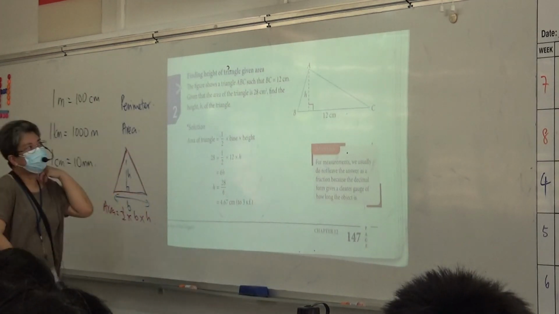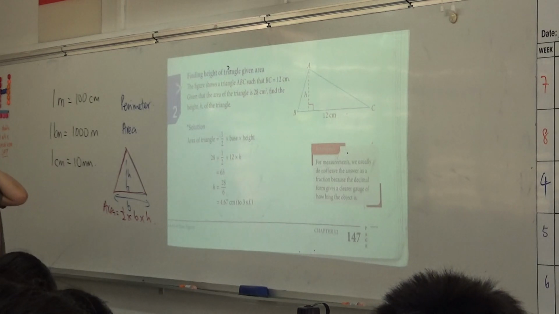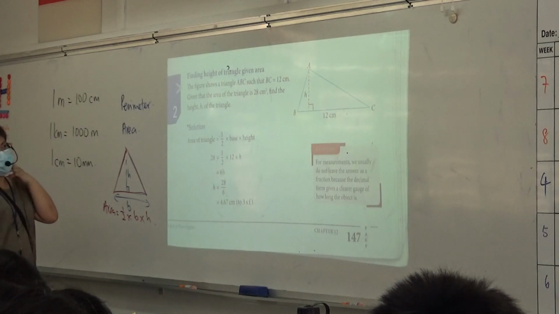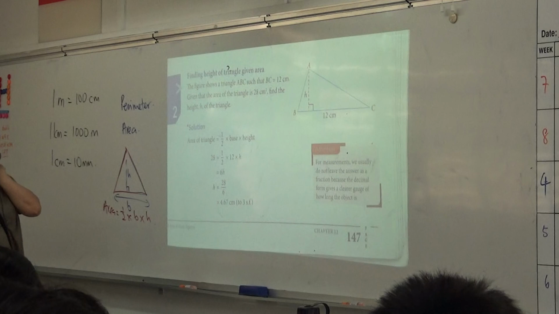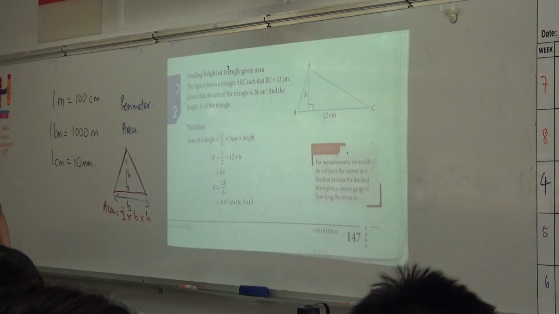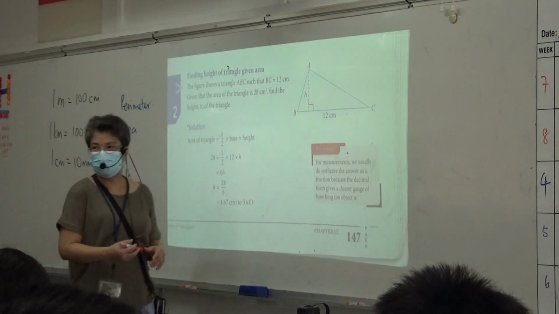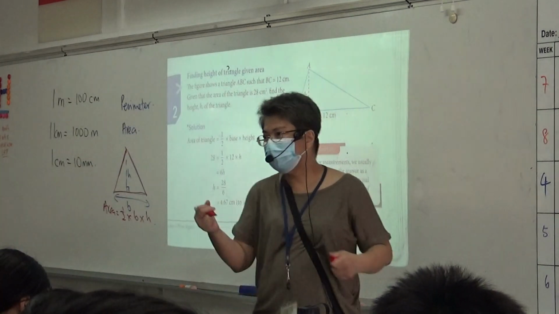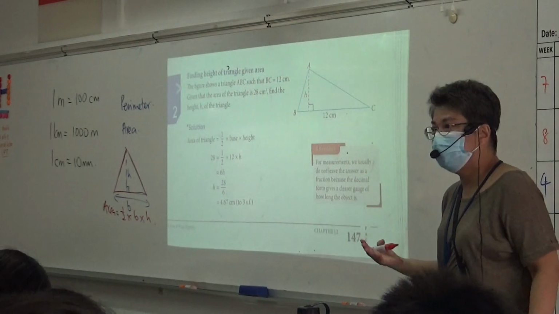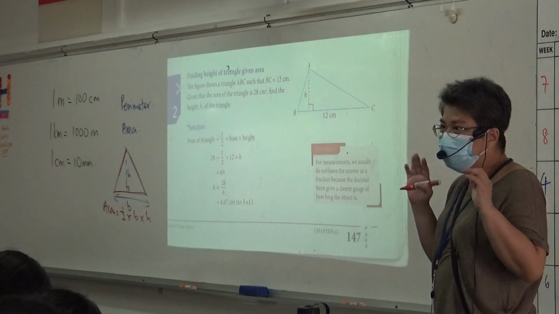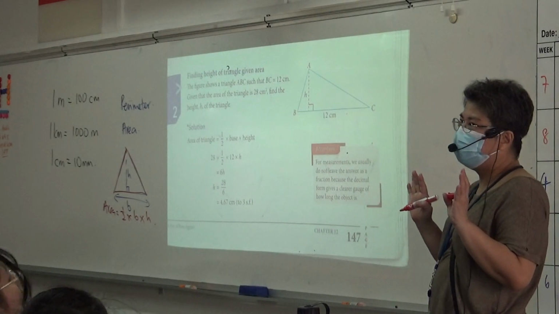I'm going to explain. The figure shows a triangle ABC such that BC is 12 cm. Given that the area of the triangle is 28 cm squared, find the height h of the triangle. Now, usually I use algebra to do it because we already know algebra, right? Can all of you look at the board, please?